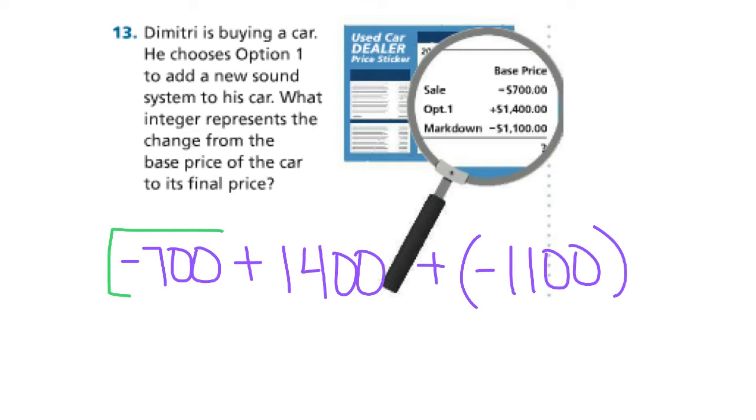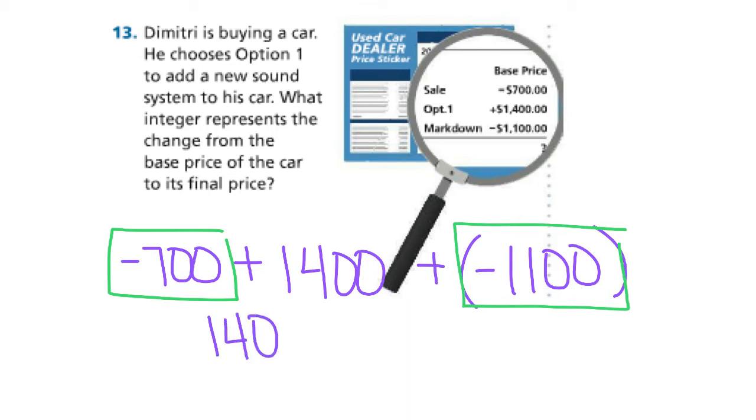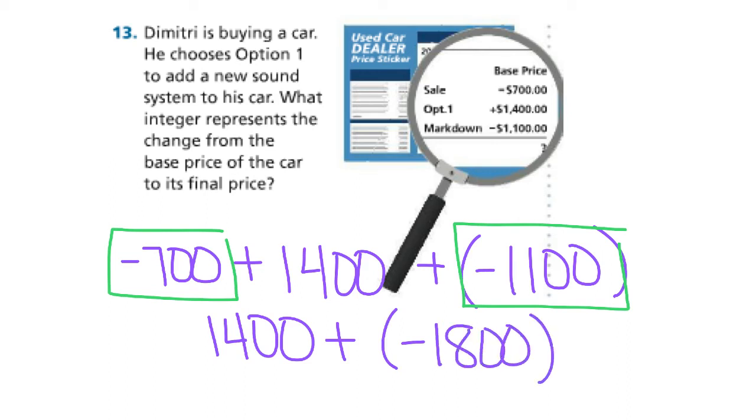Let's go ahead and combine our negatives and simplify this expression. We find out that we have 1,400 plus negative 800, and when we combine that, we have a change of negative 400. That means that Dimitri's car at the final price was lowered by $400.